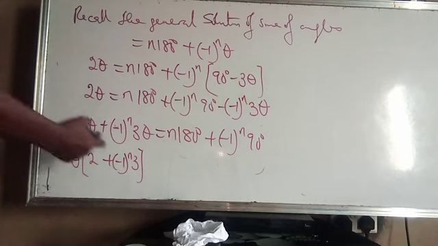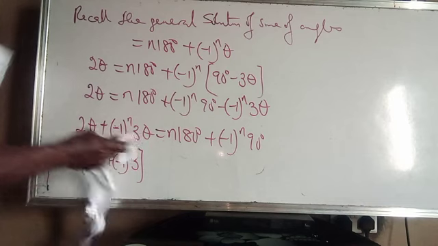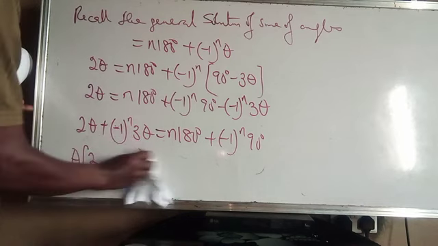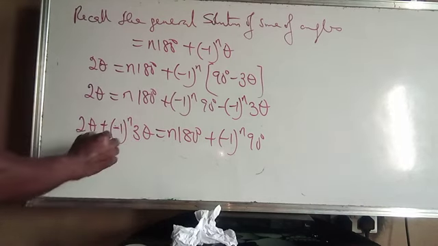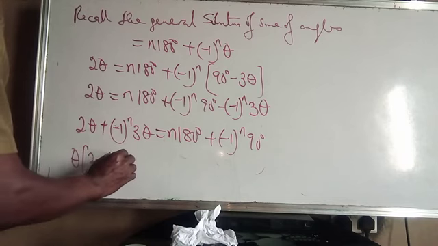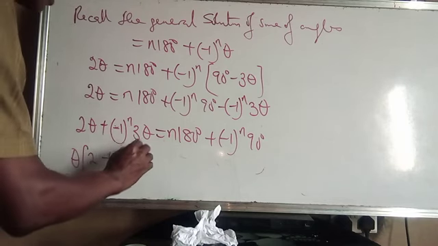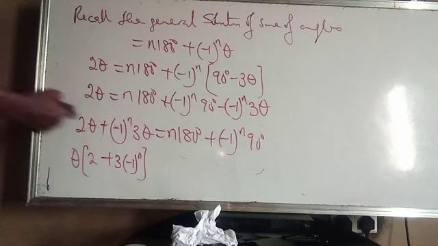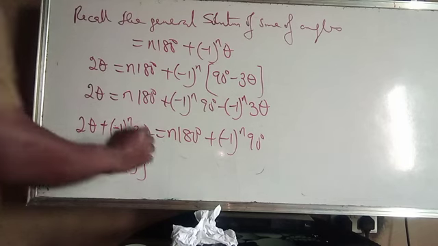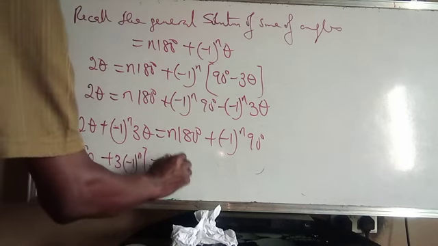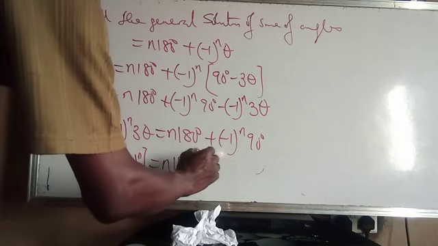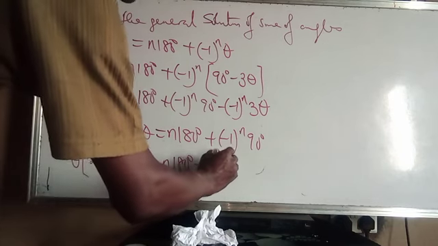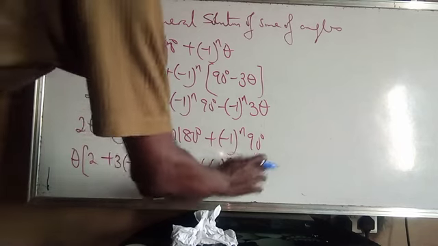Let's write it in a more proper mathematical way: 2 plus 3 into minus 1 raised to n. Yes, we have factored out theta here, is equal to n 180 degrees plus, into bracket, minus 1 raised to n 90 degrees.